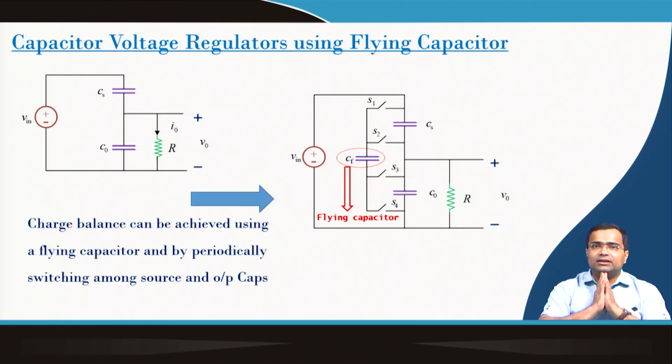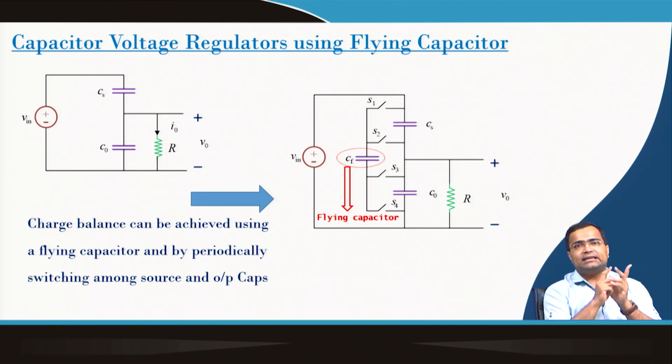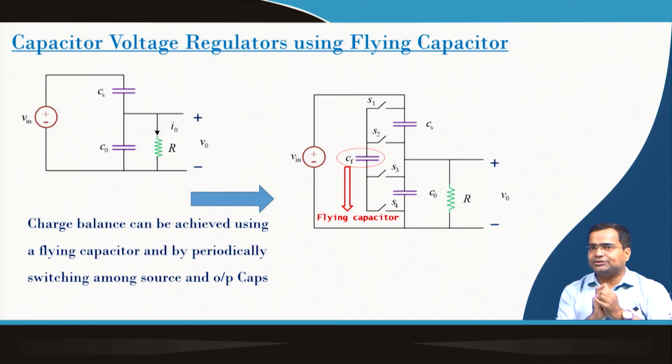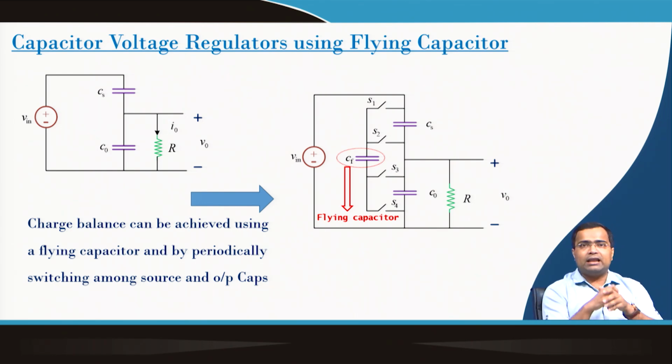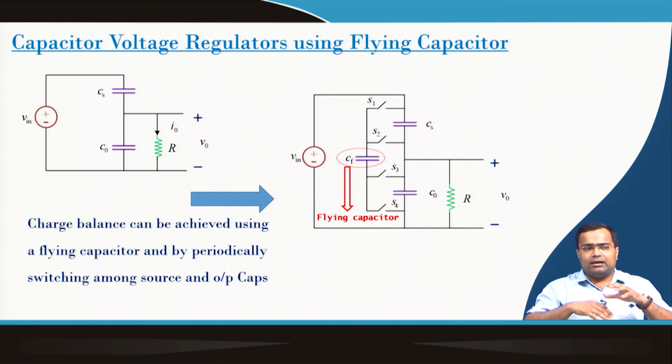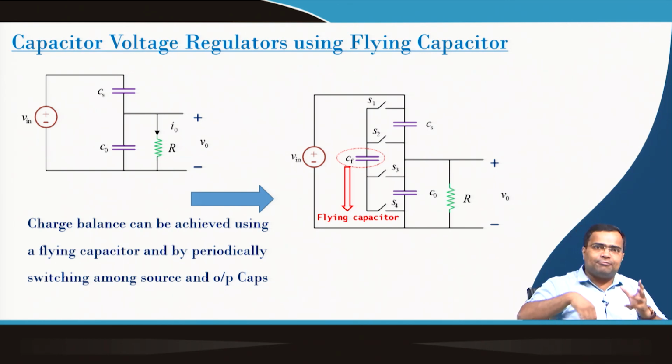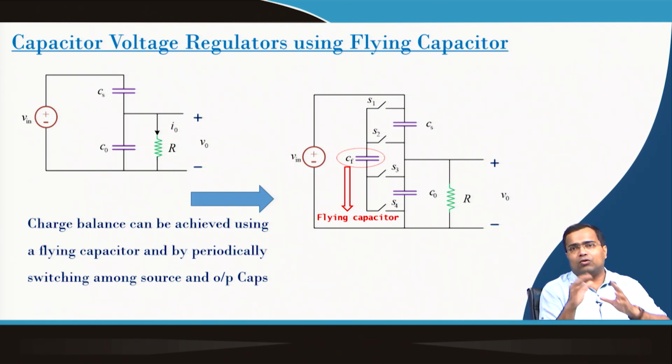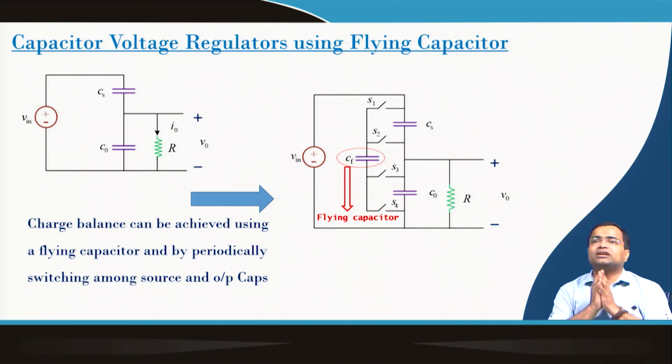So, that means the Cf can be connected in series with the load capacitance, the output capacitance C0, and it can also be connected across the output capacitance. So, by periodically reconnecting it back and forth between the supply and the load, we can maintain the charge balance.